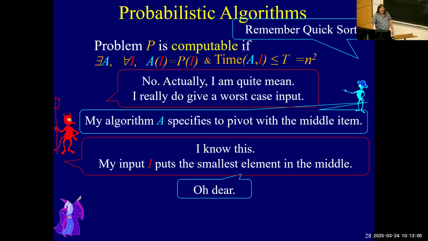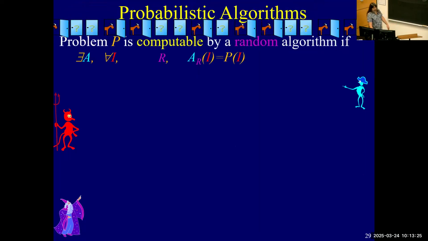But what's true about quicksort is that on the worst case input, the sorting time is n squared. But if you're allowed to flip coins, then the expected running time is n log n, a fast n log n.